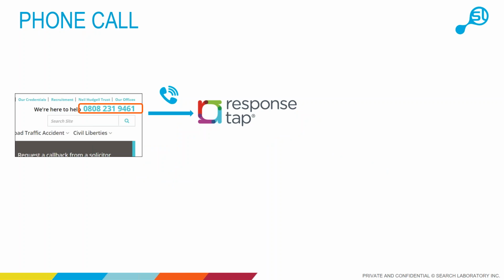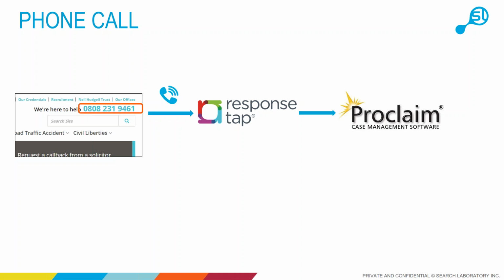Second, they get a lot of business over the phone, so not everyone fills in a form, and they've got a phone tracking solution called Response Tap. I don't know if everyone knows what these solutions are, but ultimately every visitor to the website gets a unique number that relates only to them. If they then pick up the phone while they're within that session and phone the solicitors, we track a phone call record into analytics.